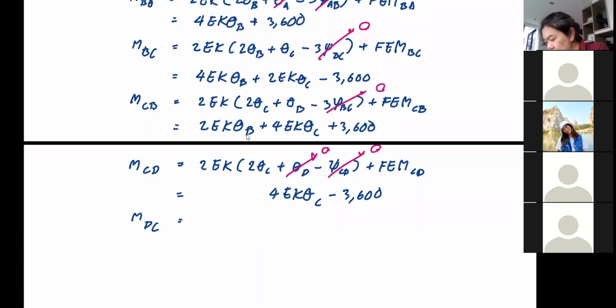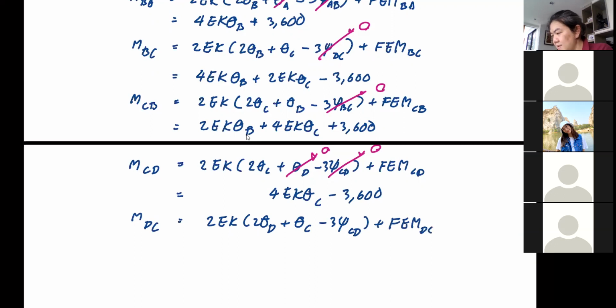And then MDC now is 2EK, 2 theta D plus theta C minus 3 psi CD, plus FEMDC.